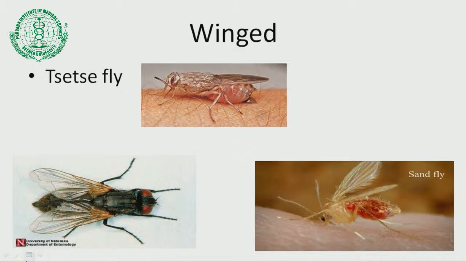So you should remember that some of these members will be only mechanically shifting or moving the pathogen from one side to other side, and the other, which will be called as biological vector, will be actually carrying that pathogen in their body where the pathogen is multiplying or passing a particular stage of their life cycle.